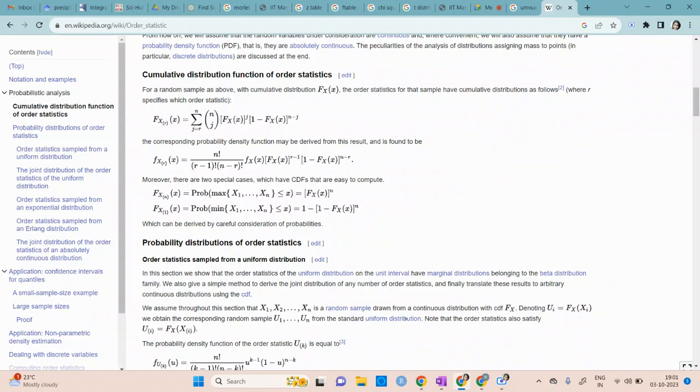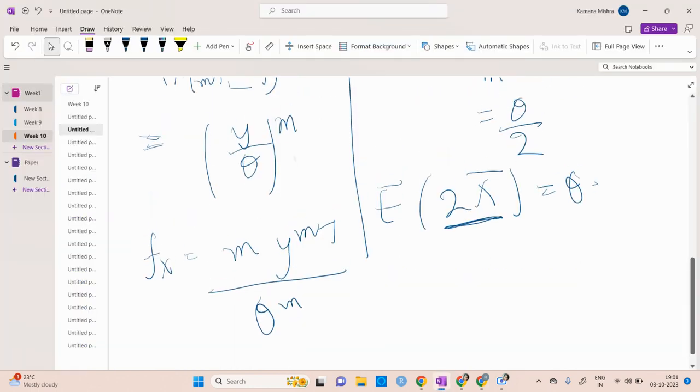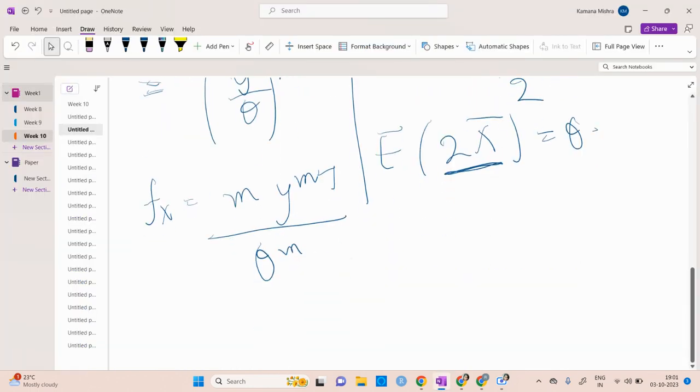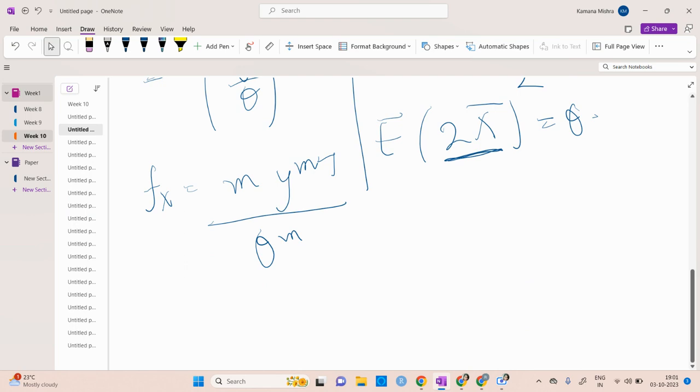Fx is y upon theta, so y upon theta to the power n, and this one will be 1. This is written here: y upon theta to the power m, and small fx is m y to the power m minus 1 divided by theta to the power m.